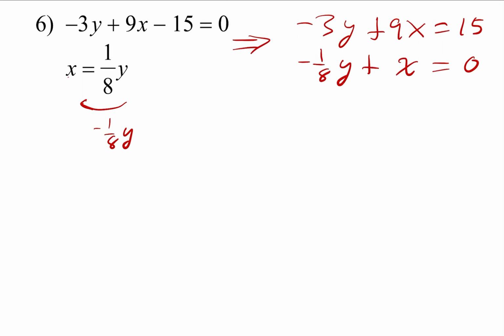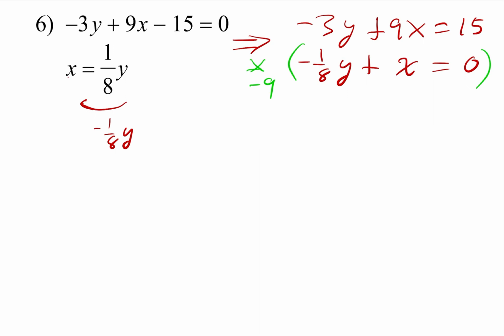Now, let's identify what we can make the same. If I'm looking at these, how about I make the x's the same? And if I'm going to do that, I'll go ahead and multiply that negative 1/8 y plus x equals 0 by a 9. And I'll show you how to do not only by 9, but if I multiply it by negative 9, then that will allow me to simply add.